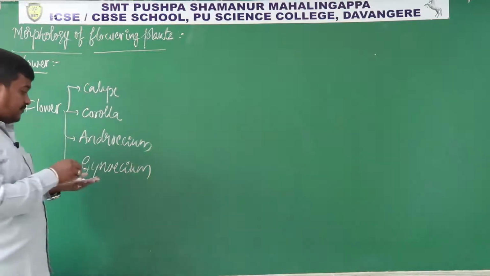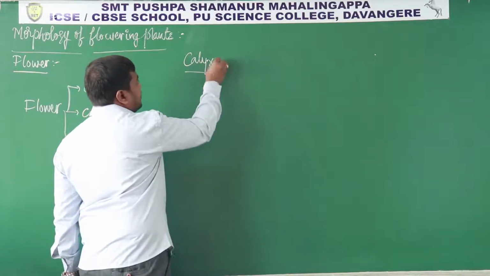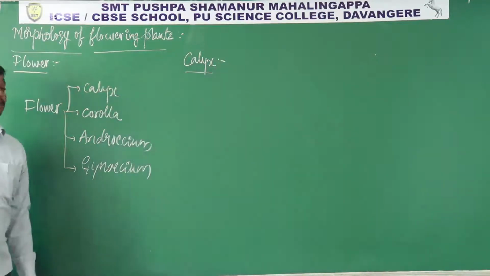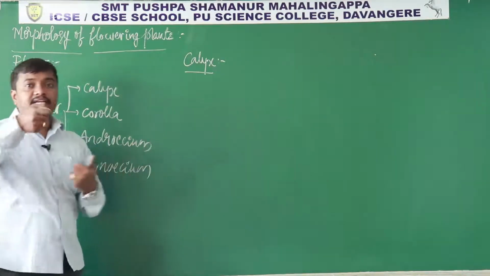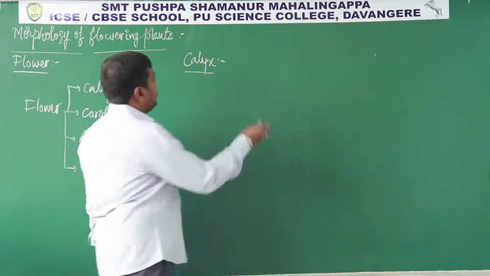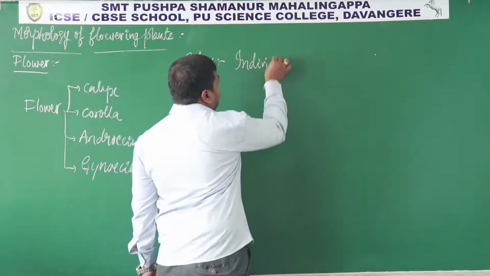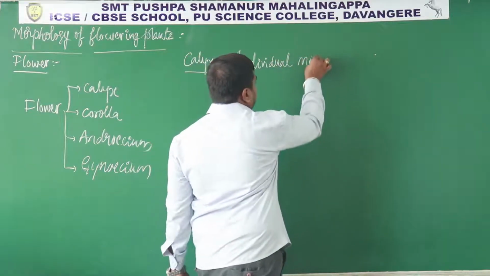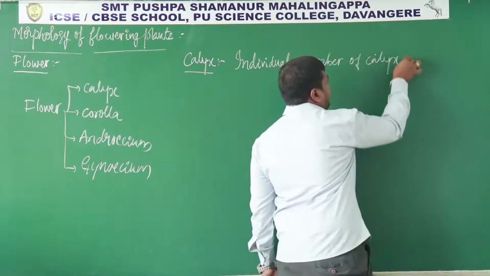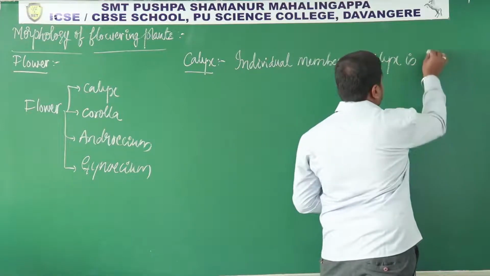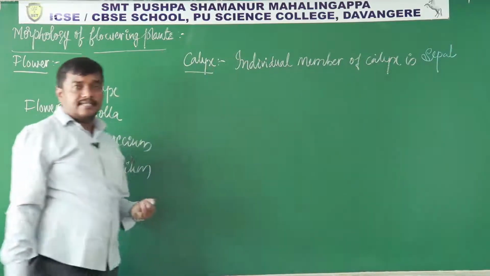Suppose we come to the calyx. A single flower may have many sepals, and all together they are called the calyx, but the individual member of the calyx is called a sepal.